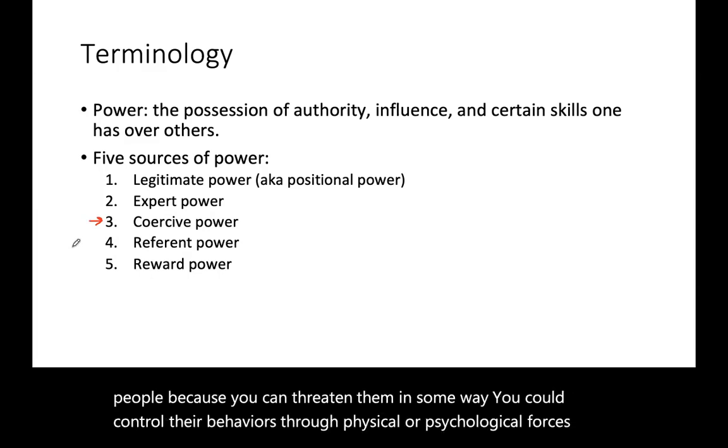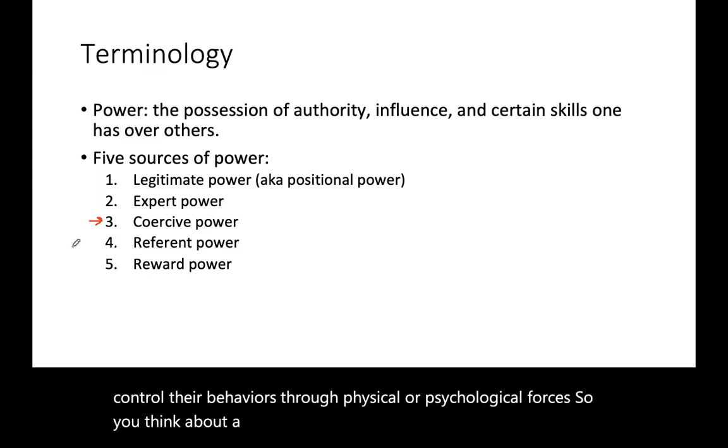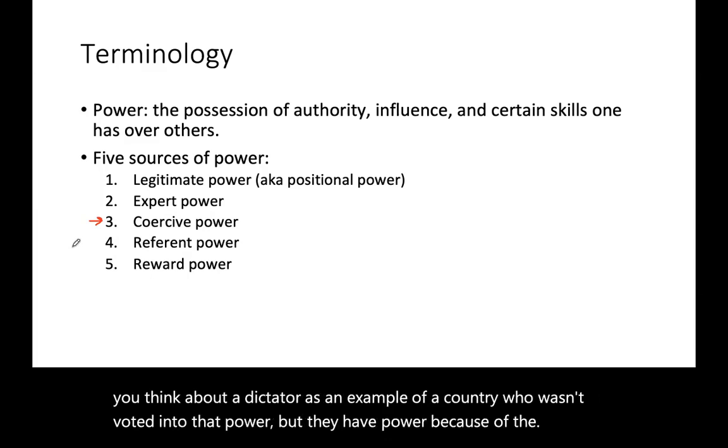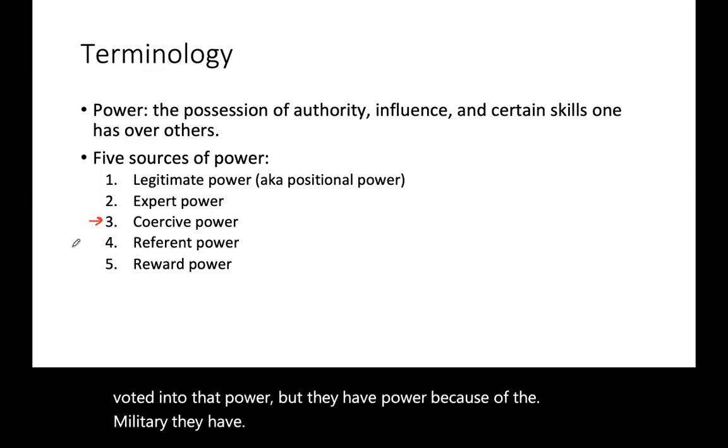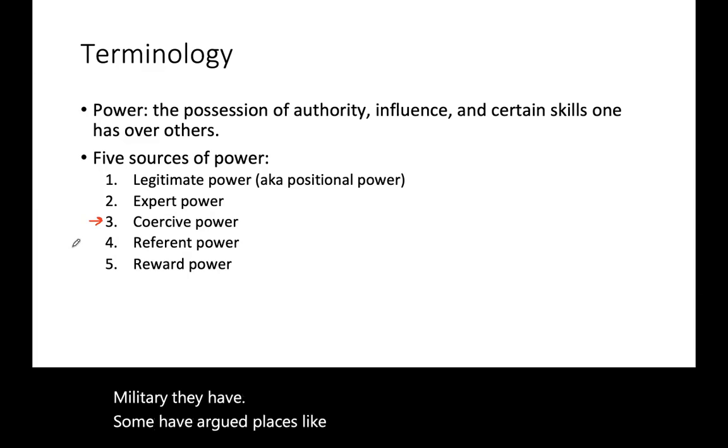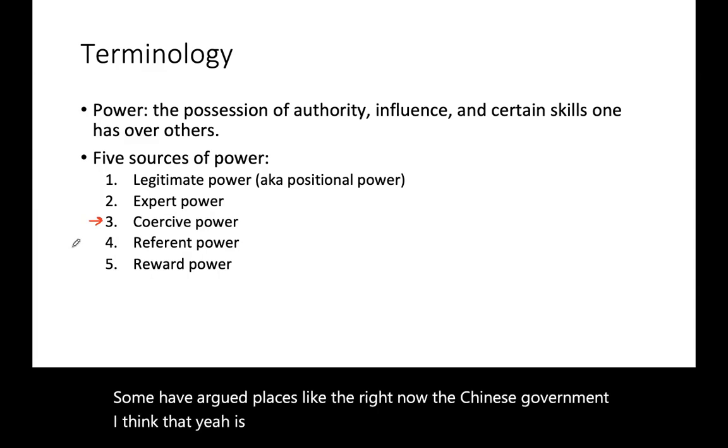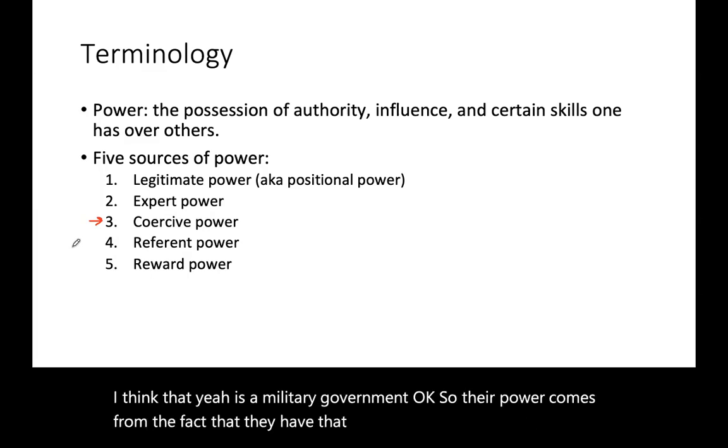So think about a dictator as an example of a country who wasn't voted into that power, but they have power because of the military they have. Some have argued places like the current Chinese government is a military government. Okay, so their power comes from the fact that they have that military force with them.